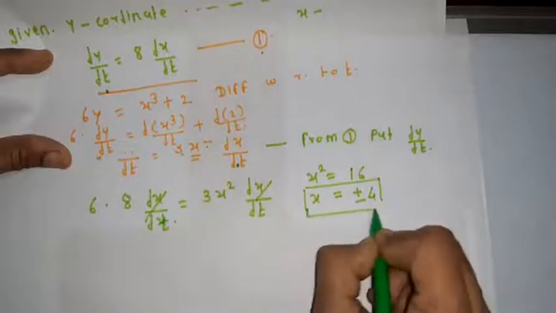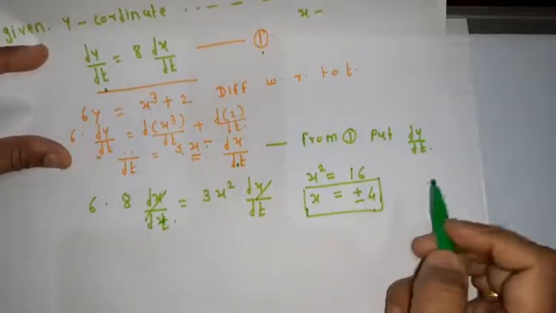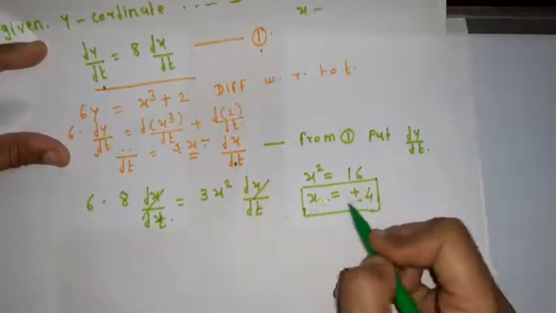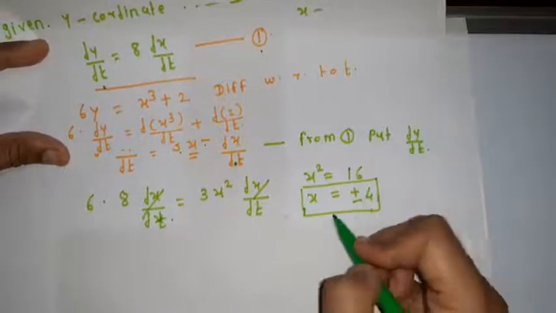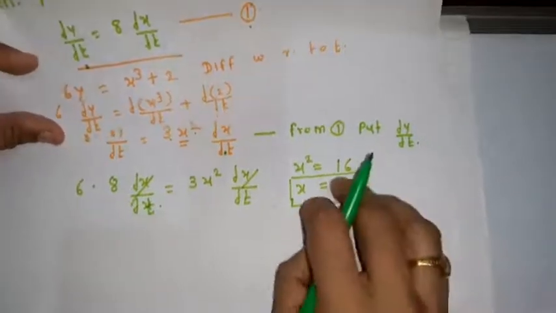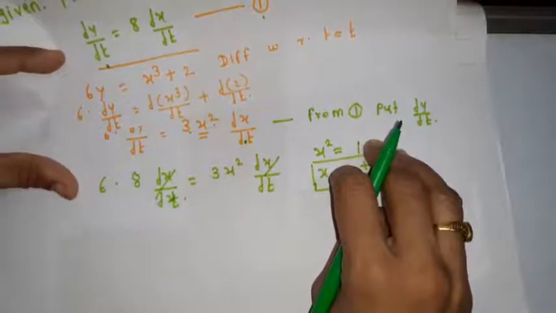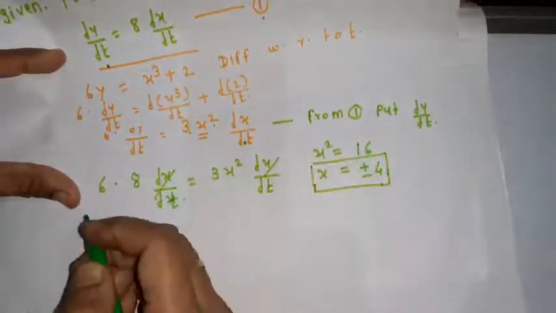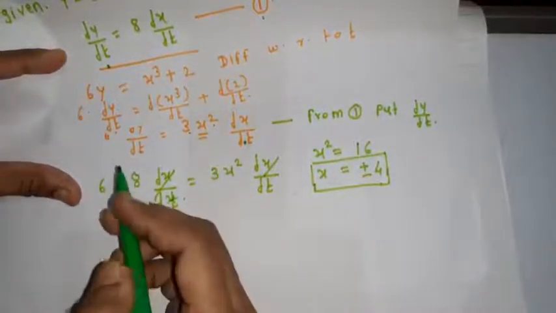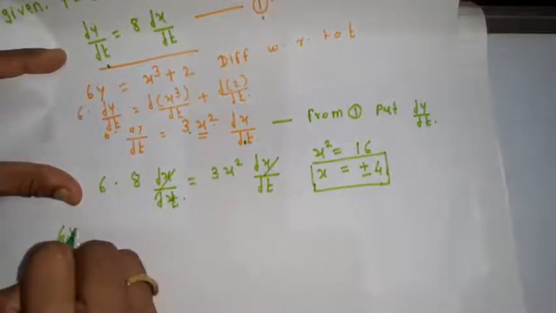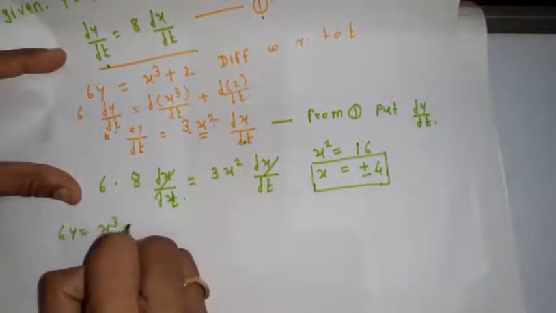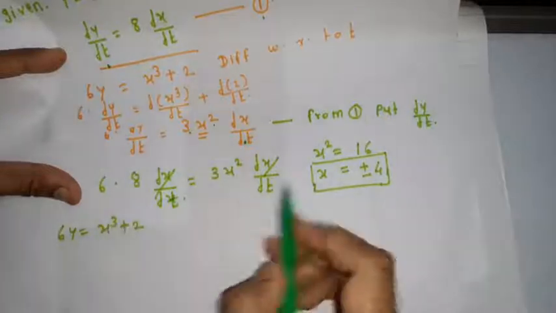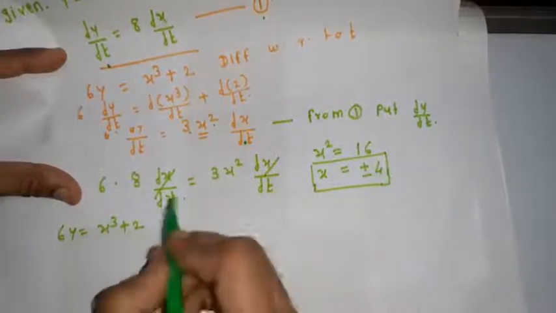Now we have found the x coordinate, that is the value of x is plus 4 and minus 4. Now to find the y coordinate, we have 6y equal to x cube plus 2. Put the value of x. Suppose x equal to plus 4 here.